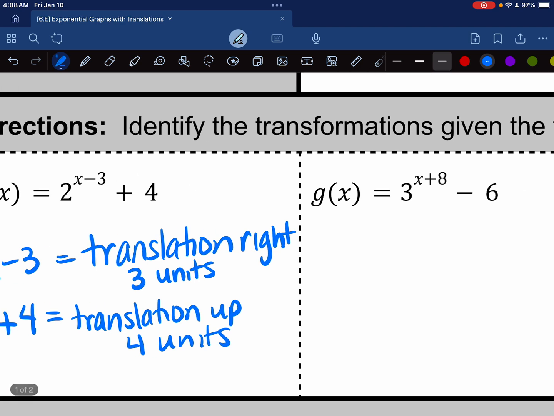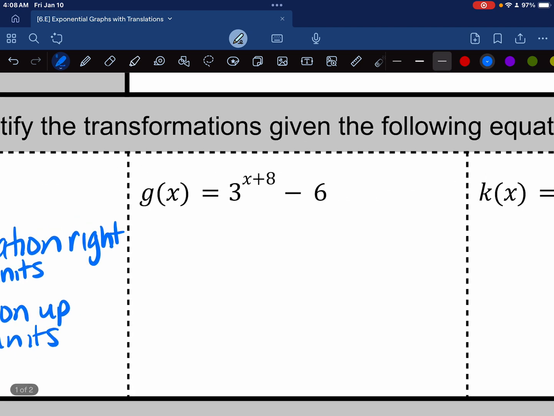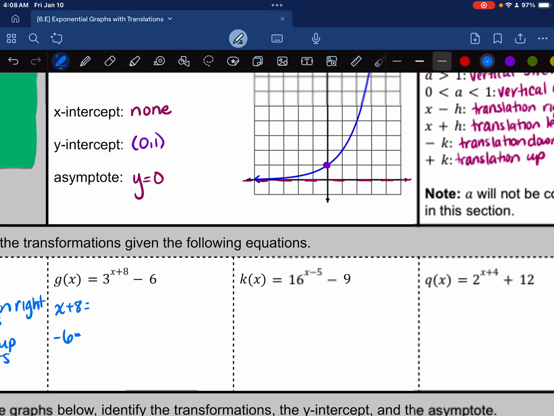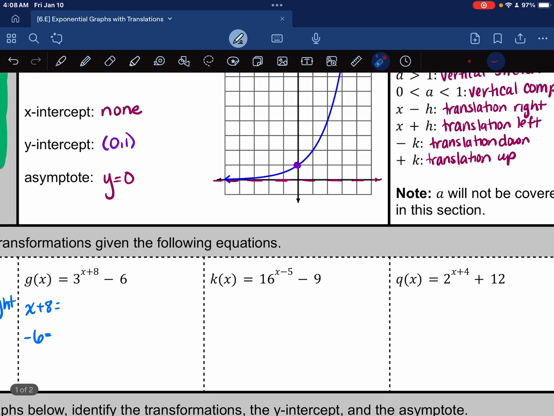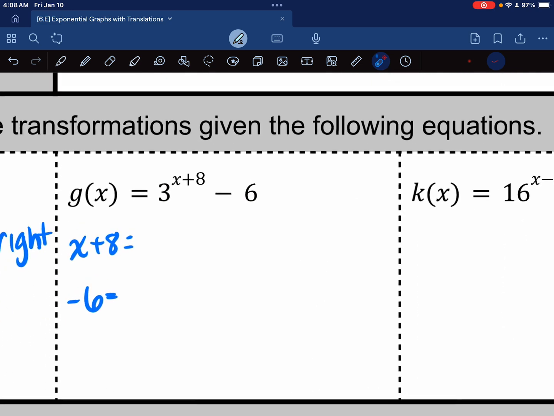All right, let's try that again. So here, the x plus 8 is our h, and this minus 6 that's here is our k. So if I look up above here, if it says x plus h, that's going to be a translation to the left. And if it says minus 6 for my k, that's a translation down. And I'm making sure to use all the words.